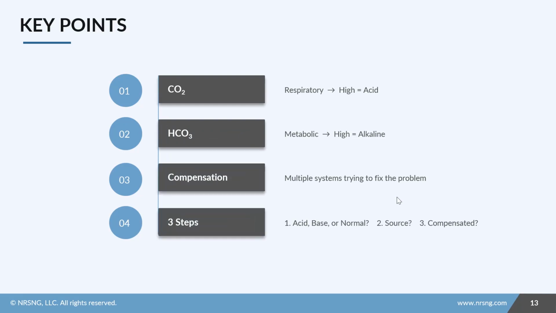So make sure that you understand that CO2 shows us the respiratory source and that high CO2 is acid, and that bicarb shows us the metabolic source and that high bicarb is alkaline because bicarb equals base. Remember that compensation is the other system trying to fix the problem that's been created. In the next 2 lessons, we're going to show you how to go through this process much faster with 2 tricks to ABG interpretation. But what you're going to see is we still use the same 3 steps. Evaluate the levels, determine the source, and look for compensation.